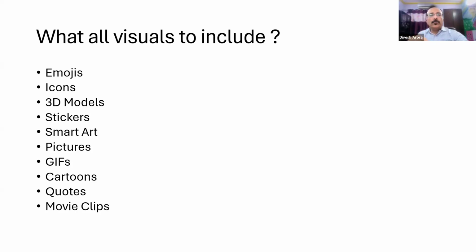What about icons, 3D models, stickers, SmartArt, pictures, GIFs, cartoons? Famous quotes can be quoted. And at times I have used a couple of famous movie clips to bring some flavor to my presentation as well as to convey a message which can be better conveyed through a movie clip rather than a simple statement.